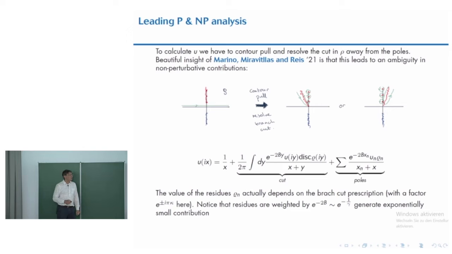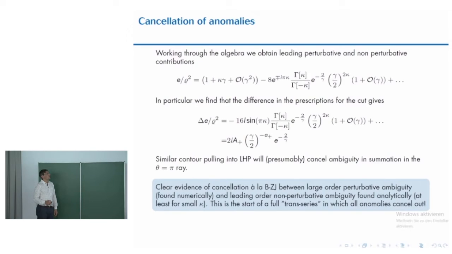Everything depends on e to the plus or minus i pi kappa, where plus is to the left and minus is to the right, or vice versa. This equation can now be analyzed order by order in e to the minus b, which is our non-perturbative parameter. You work through the algebra, and we find a result.